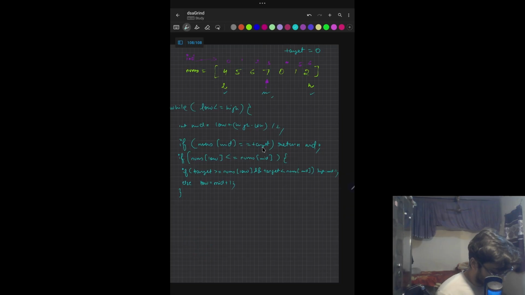If this part is not sorted, then it would move to the else case. Again, we will compare the target.